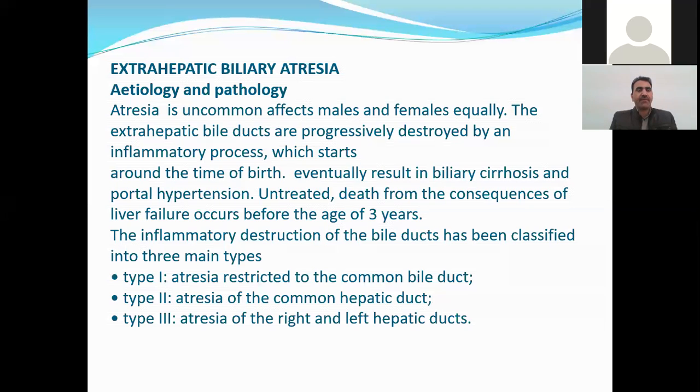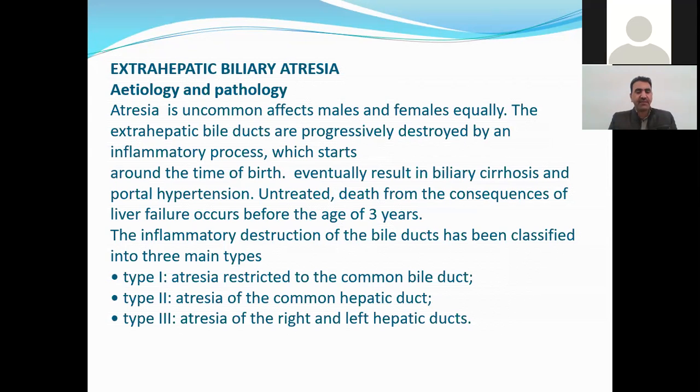The progressive inflammatory process affects the bile ducts, from the intrahepatic to the extrahepatic, but mainly the extrahepatic, starting around the time of birth, and eventually results in biliary cirrhosis and portal hypertension.